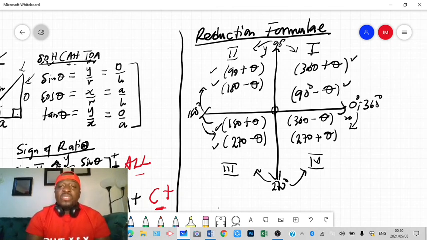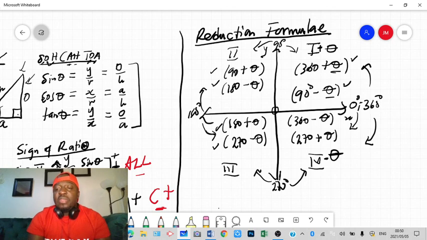So I'm using theta as my angle for all the quadrants. Let's add theta when I'm moving clockwise. Theta is positive here in the first quadrant, and when I'm moving anti-clockwise, let me add theta here. Theta will be negative in this quadrant.